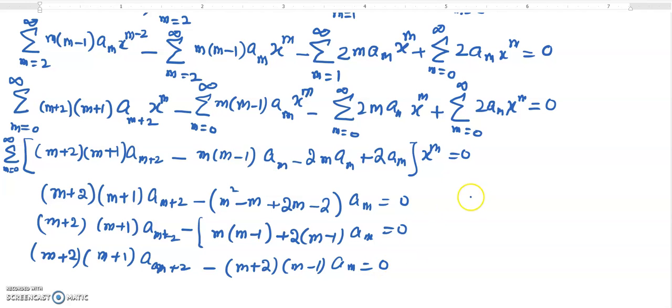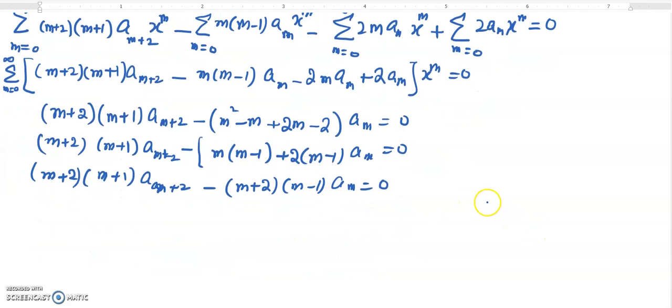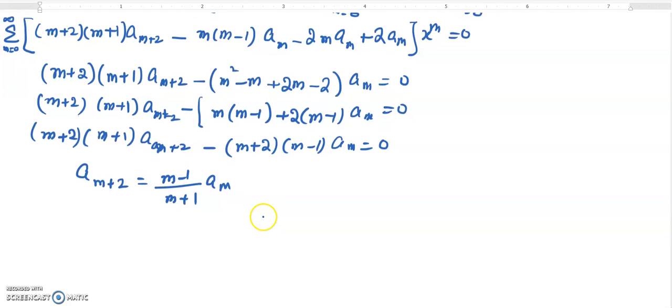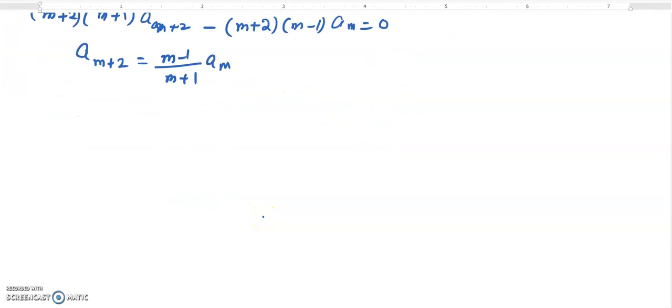So now you can see that m plus 2 is common, so it can be cancelled out from this equation. So now what we get is a_{m+2} is equal to (m-1)/(m+1) times a_m. So this is the simple recursive equation we get. So now we can generate the coefficients.